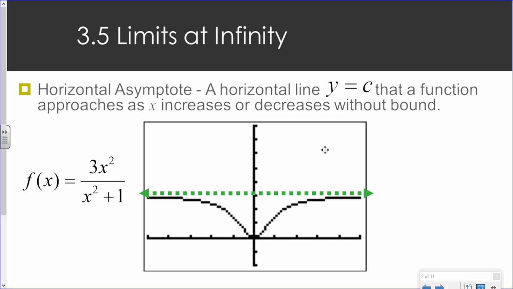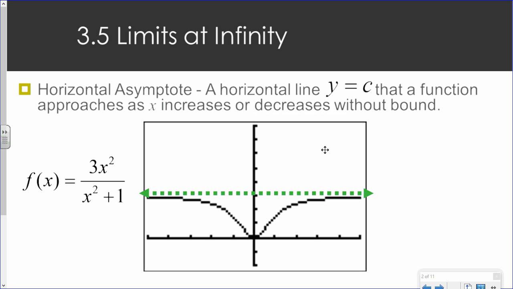Some of you might be thinking, oh, I know there are rules to horizontal asymptotes and I'm not remembering them off the top of my head right now. We're going to go over those pretty soon, so don't worry, okay?